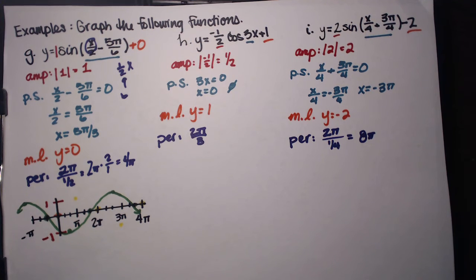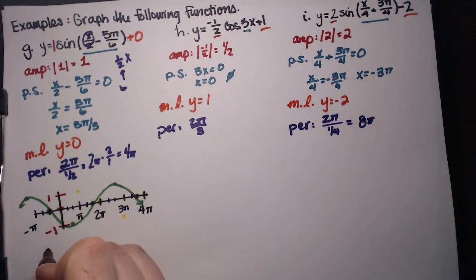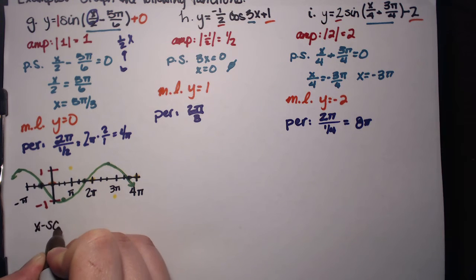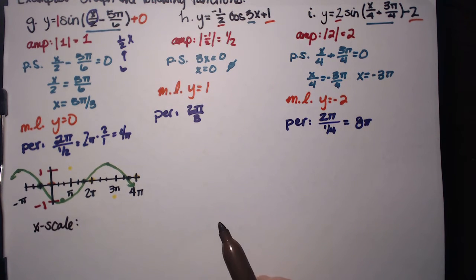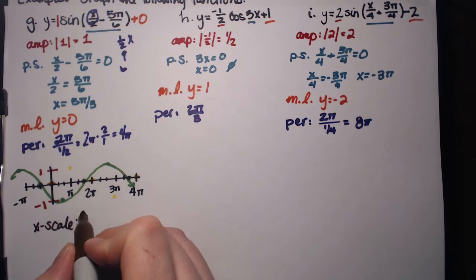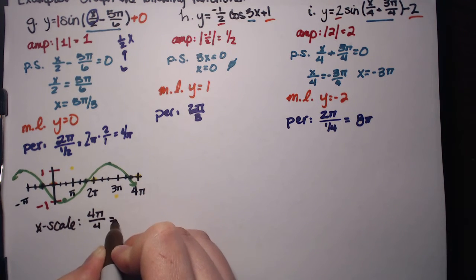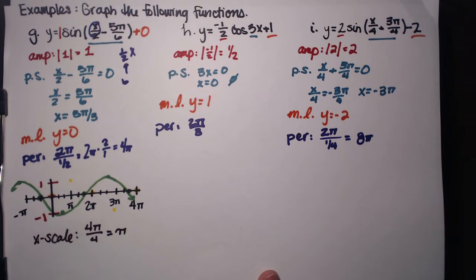Now, if I had done the x scale for this one, we take the period and divide that by 4, and that gives us a distance of pi.